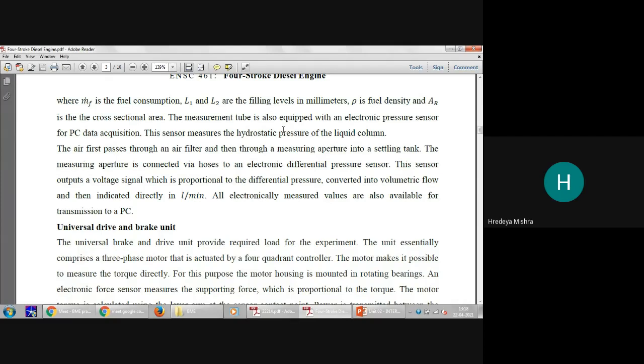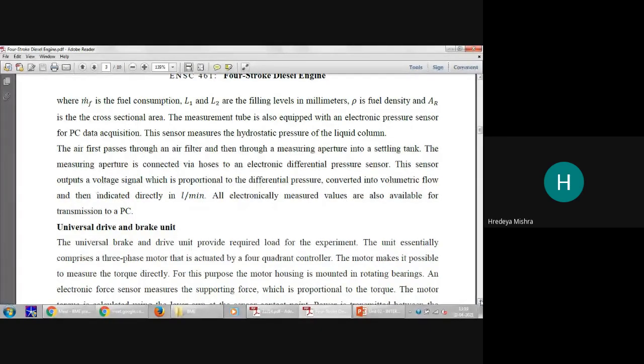The sensor outputs a voltage signal which is proportional to the differential pressure, converted into volumetric flow, and then indicated directly in liters per minute. All electronically measured values are also available for transmission to the PC.